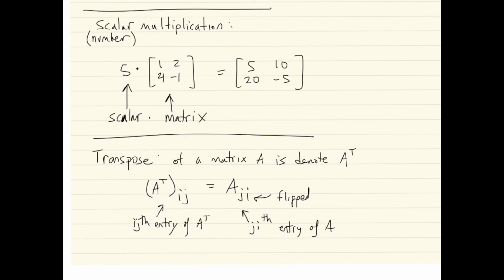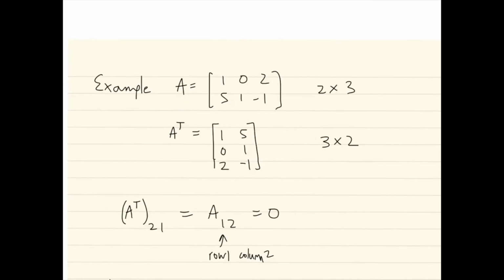Let's do an example. Suppose my matrix was a 2 by 3 matrix given by this. Then the transpose is going to be a 3 by 2 matrix, 3 rows, 2 columns, and it's basically you flip the original matrix.